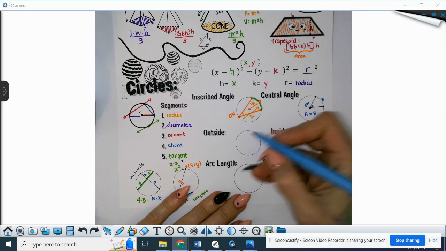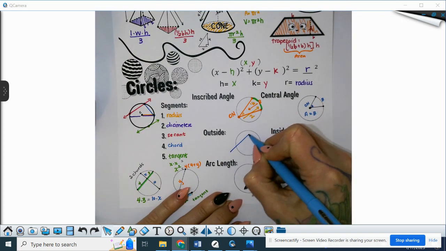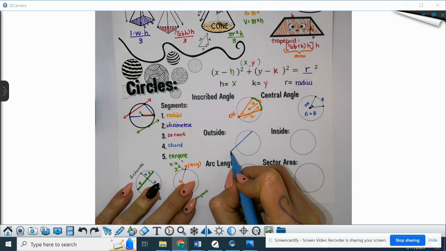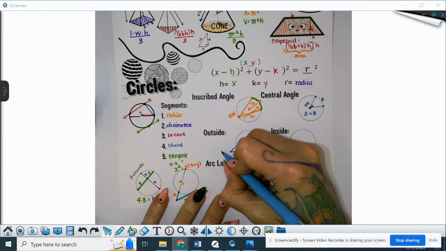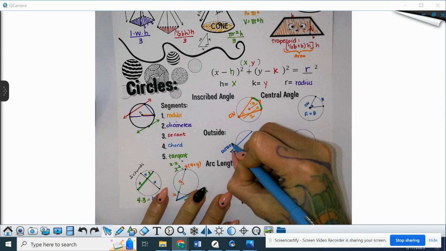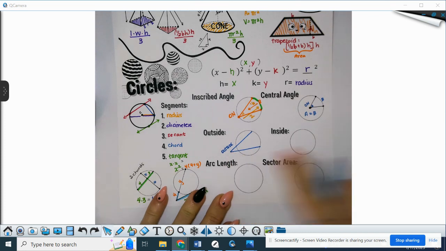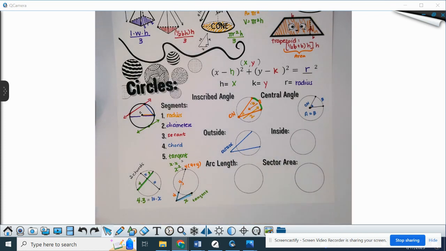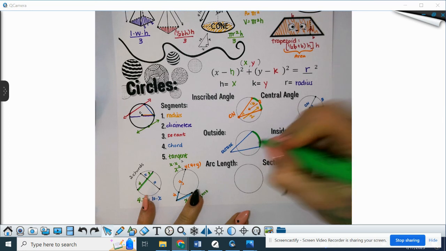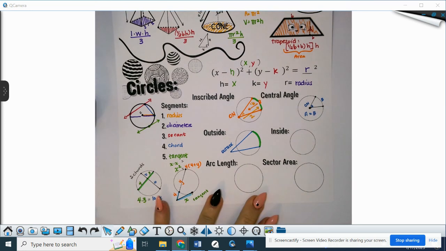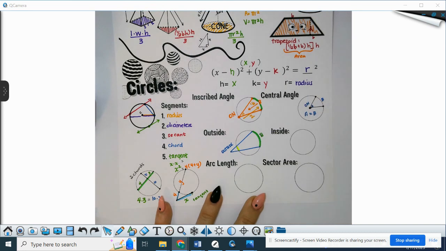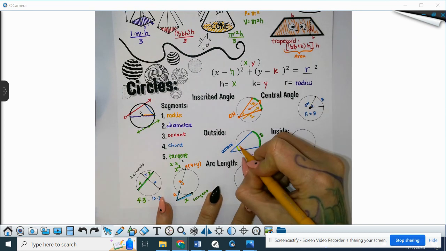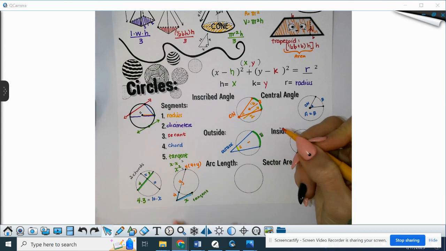Now, if I have segments, now we're talking about angles here. So this is angle on, this is angle outside. If we're solving for the angle outside, out here, I'm going to take the degree measure of arc B and the degree measure of arc A, subtract them and then divide by 2.